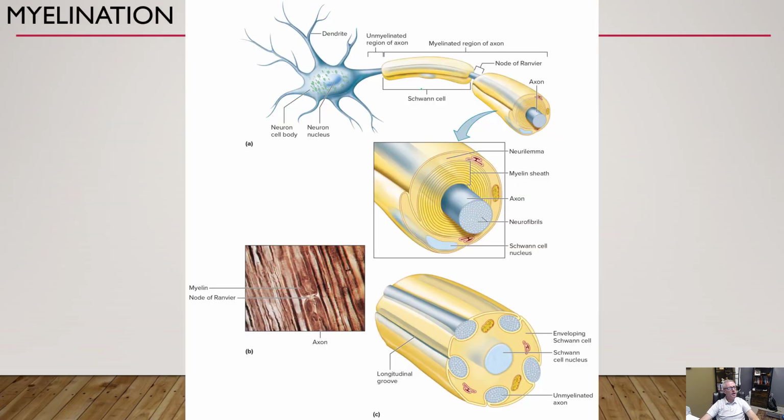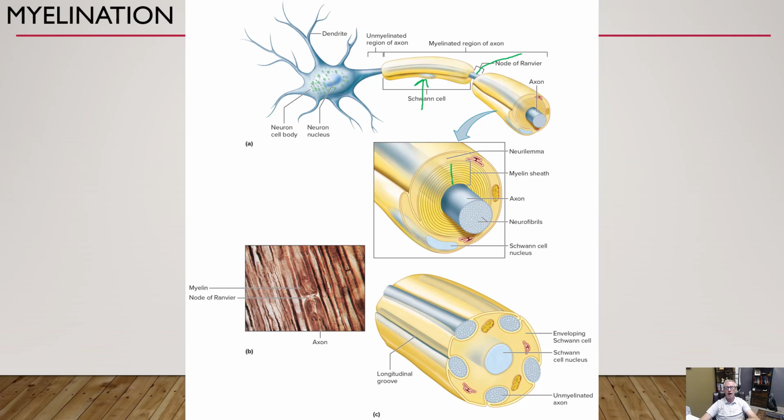All right, so again, Schwann cells in the peripheral nervous system produce these layers of myelin sheaths, and then we have those gaps called nodes of Ranvier. And you can see they form these concentric circles, kind of like the tree rings if you chop down a tree.